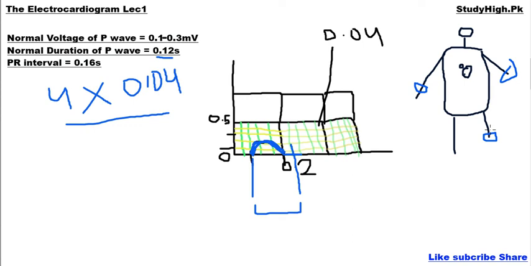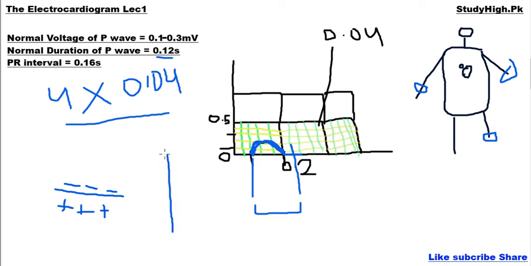But what will happen if you directly place your voltage meter on the cell membrane through some micro electrodes? If you directly place your electrodes or voltage meter on the membrane, then the voltage that can be recorded by the recording paper is approximately 110 millivolt.